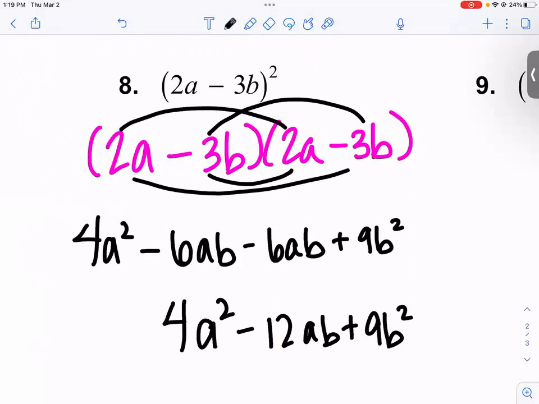The second, less important thing is that when we have a binomial squared, your outside and inside products are going to match every time. That is something that I was hoping you were going to notice on that warm-up this morning. Your middle terms should be the same.